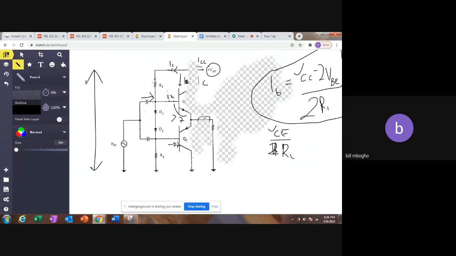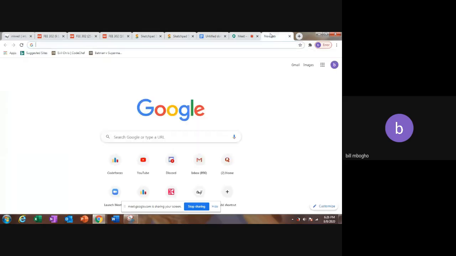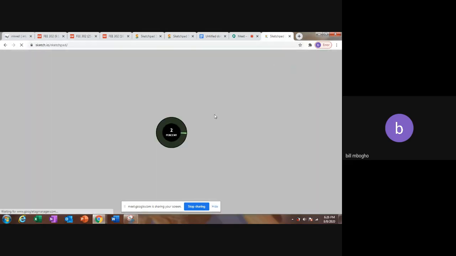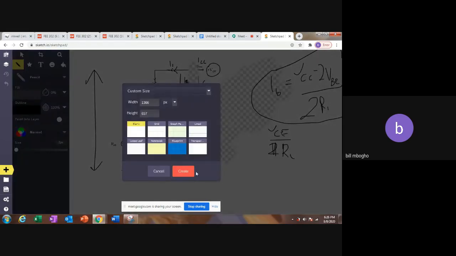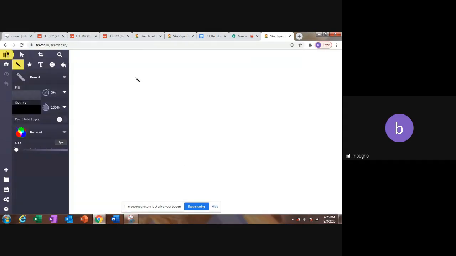In order to get it, we need to first get the saturating current, and the saturating current is on that graph. Okay, let's draw the load line first. We start with the DC load line.